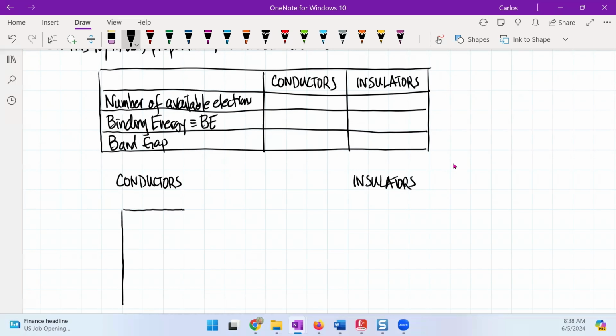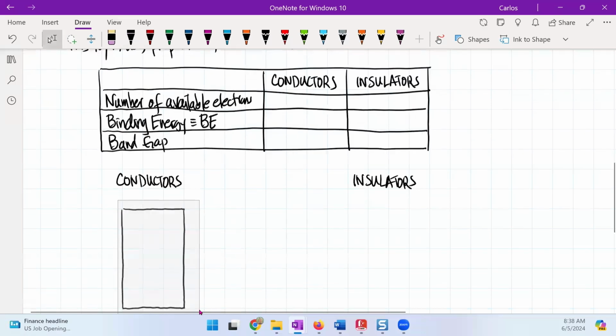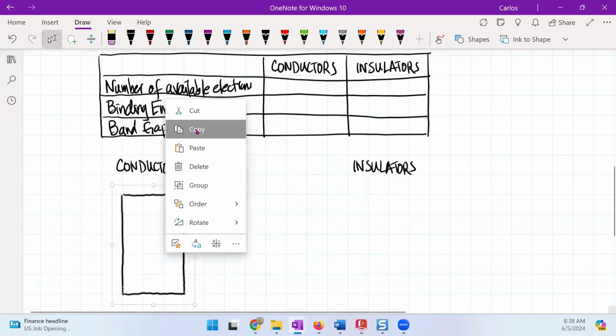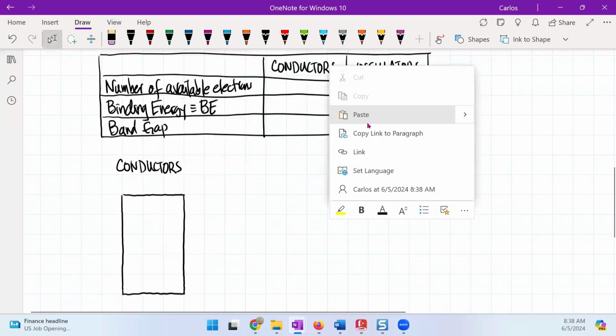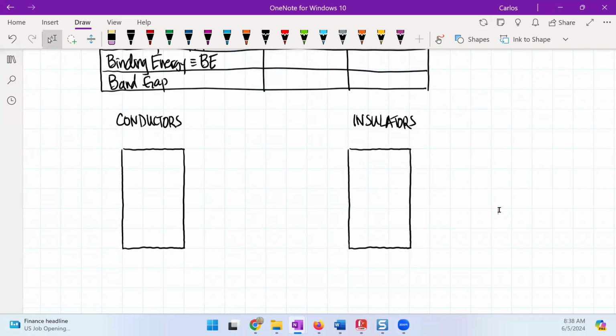And so I'm just going to copy this exact same box over here. And then you could see that I have that. So now what do I see here? What I see is the following thing.